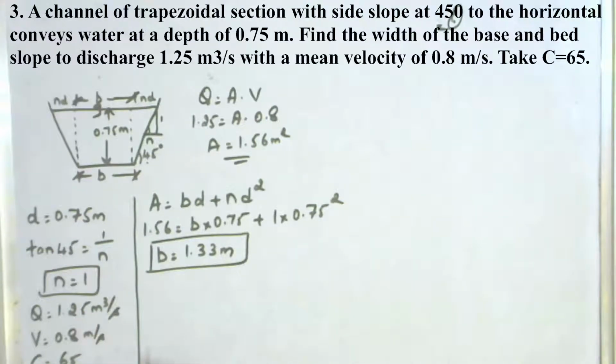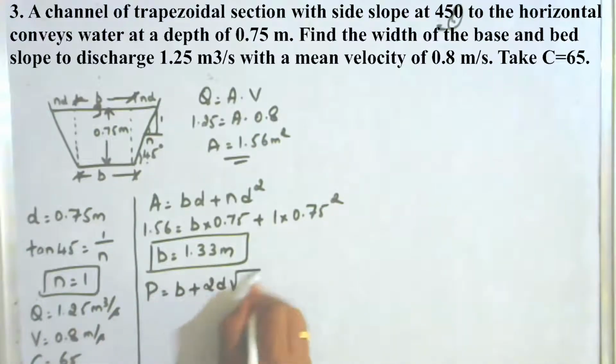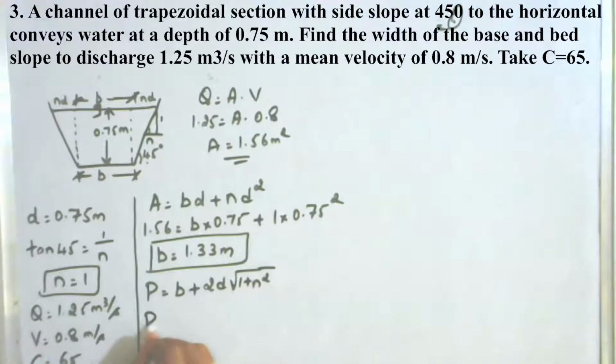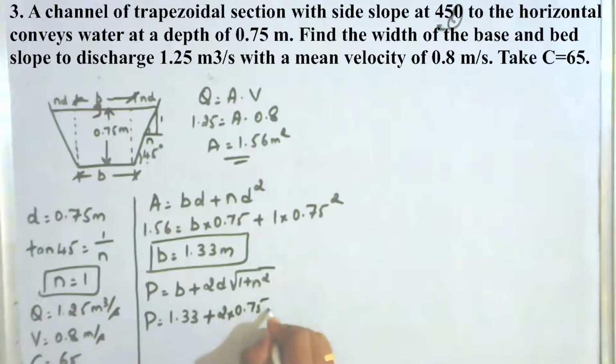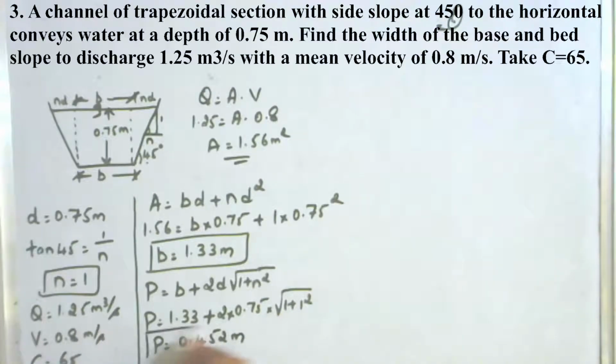Okay, so then wetted perimeter for trapezoidal section is B plus 2D root of 1 plus n square. You substitute all the values. B as 1.33 plus depth is 0.75 into root of 1 plus 1 square. You will get the wetted perimeter P as 0.452 meters.